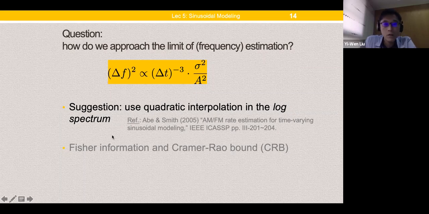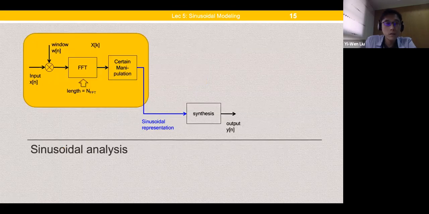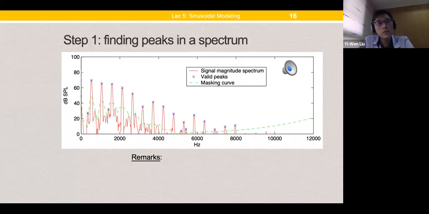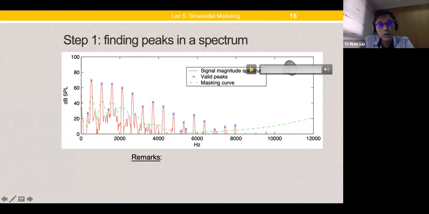Let me show you what this is. What do we mean by quadratic interpolation in the log domain? Now comes the analysis. This is a result of looking at the spectrum of a trumpet sound. This is taking one frame of the trumpet sound and just taking the Fourier transform.